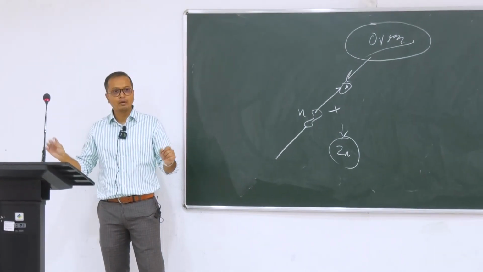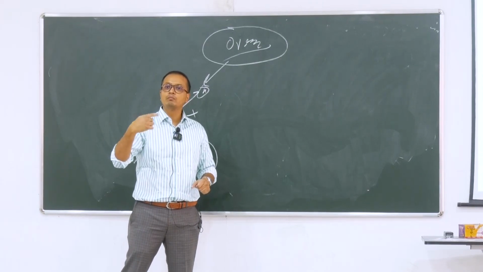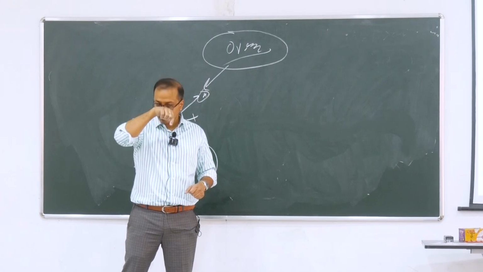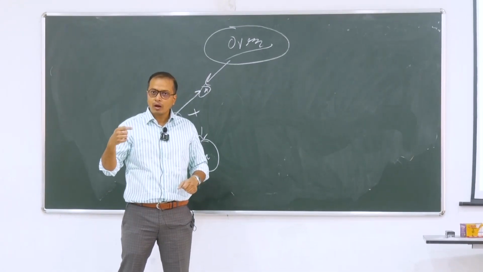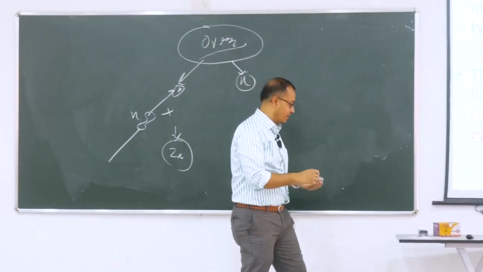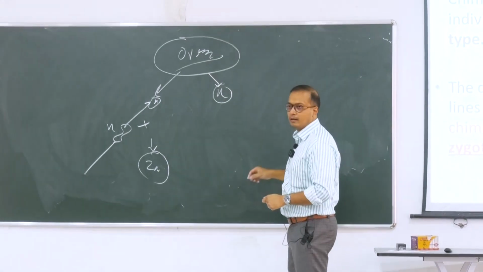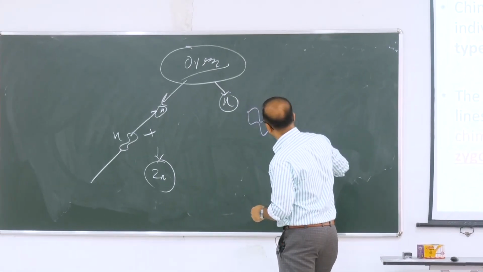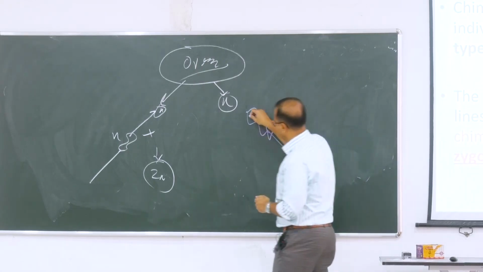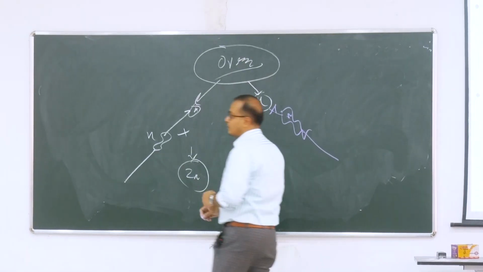Normal thing, agreed. Now we use a drug which is producing more ovum. That means we are giving ovulating drugs. So in case of the one, we have another n coming up, and this n is also fertilized by a sperm, and together it forms 2n.